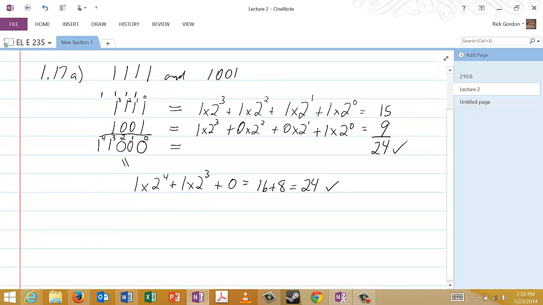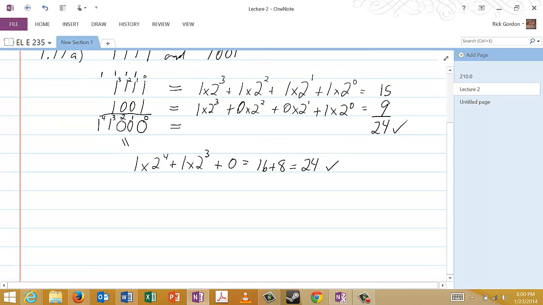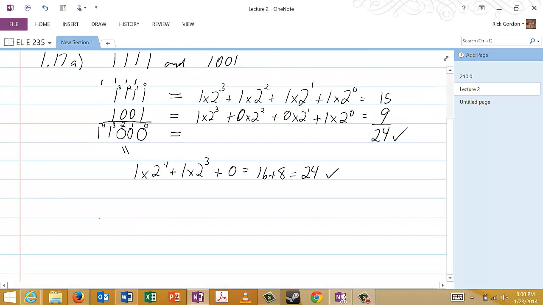Now, when they ask us to subtract these numbers, it's not clear at the beginning whether they mean for us to subtract the second number from the first or the first from the second, but I will assume that the book intends for us to subtract the second number from the first number. So we will have 1111 minus 1001.